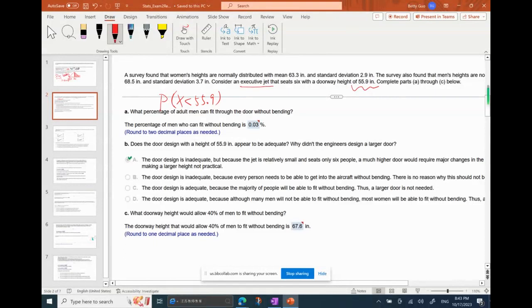You might wonder, less than or less than or equal to doesn't matter because it's continuous, right? So strict less than is no problem. 55.9 is the height of the door. So we are looking for that probability. Now X follows normal with mu. What's the mu?